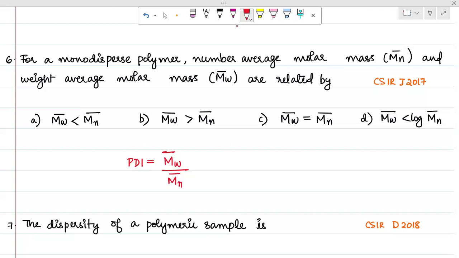Given that it is monodisperse, it will be equal to 1. Here it is monodisperse, so this is going to be equal to 1. Now you can simply rearrange: Mw is equal to Mn bar, and hence the correct option is C, where both of them are equal.